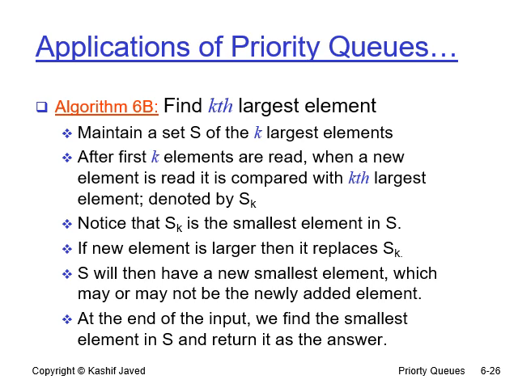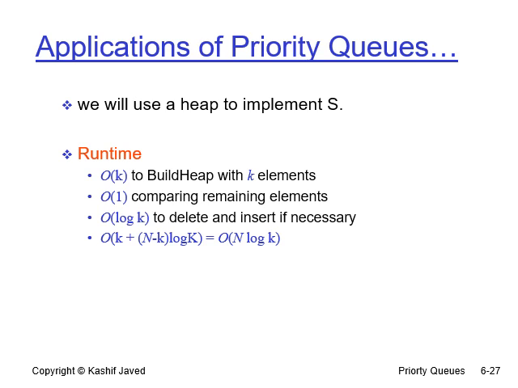S will then have a new smallest element, which may or may not be the newly added element. At the end of the input, we will find the smallest element in S and return it as the answer. So this is another way of finding the kth largest element.